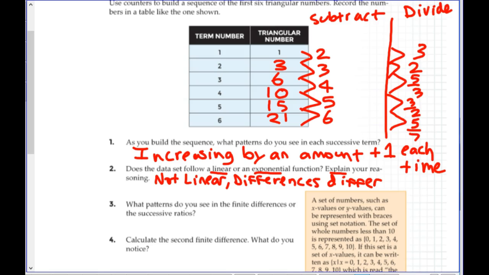So, all that to say, it's not exponential, because, actually we'll say the ratios. Not exponential, the ratios differ. So if the differences are different and the ratios are different, it's got to be something else. It's not linear, it's not exponential. Okay?